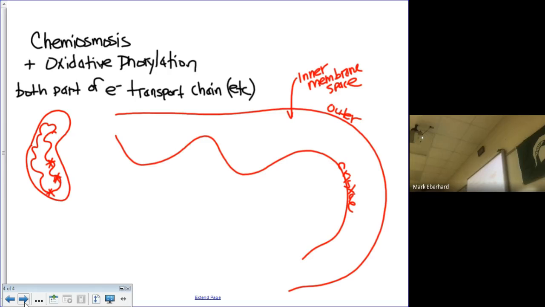It's like I took this part of the mitochondria and blew the picture up, just looking at a small section of it. Embedded in here there will be integral transport proteins.